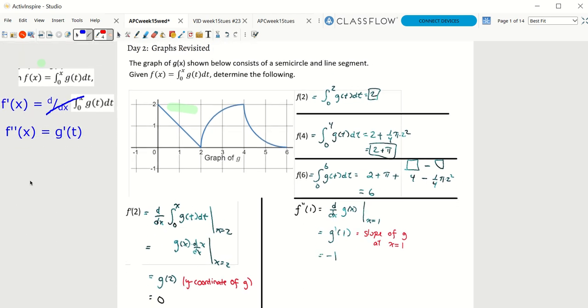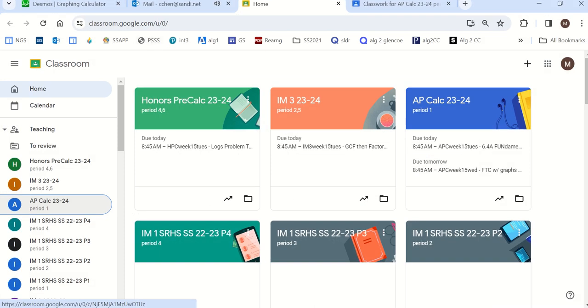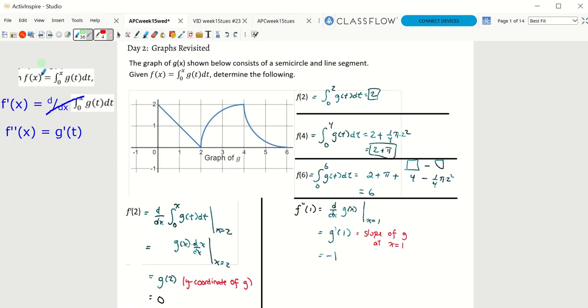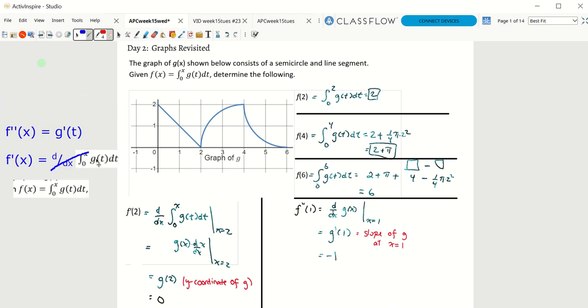This is how I want you to conceptualize it. Regular f of x is right now at this level. I'm going to call this the first floor of a building, this the second floor, and this the third floor.